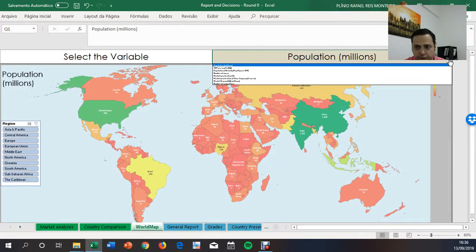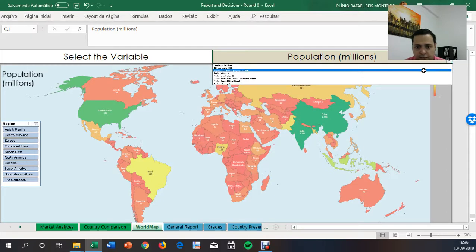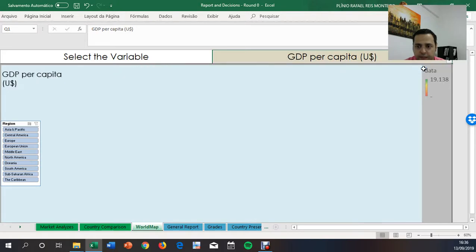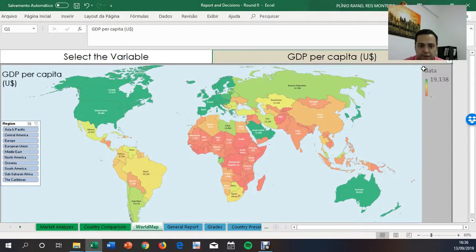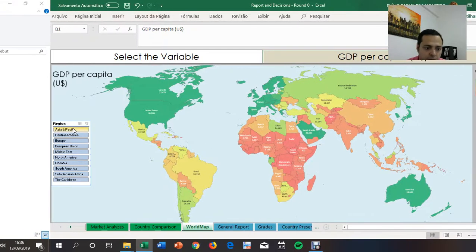So, for instance, let's select a variable here like the GDP per capita, and now we have a different view, and also we may change any option here by just having one left click and look in deep details in any part of the world.